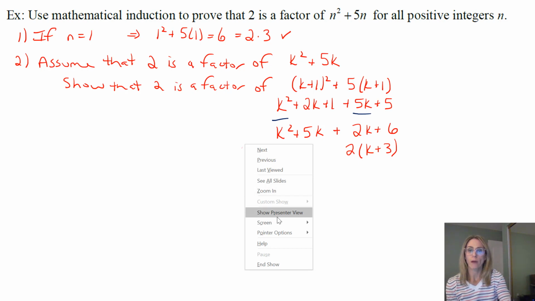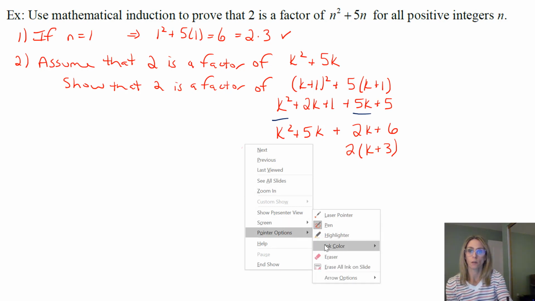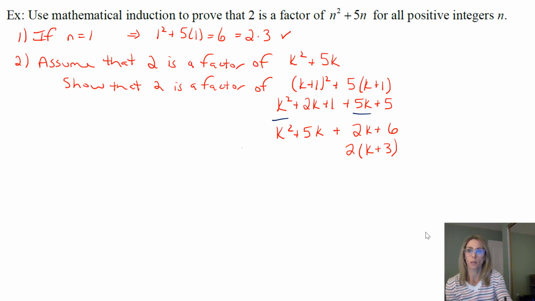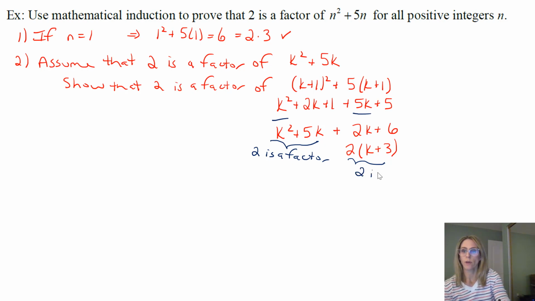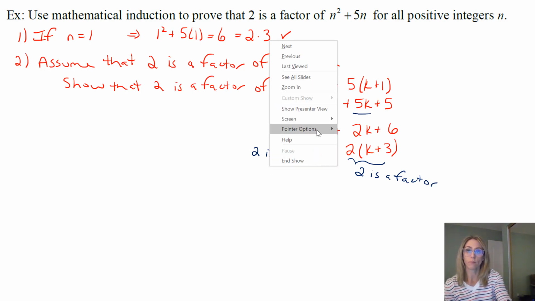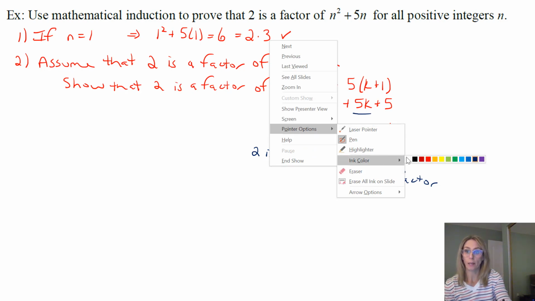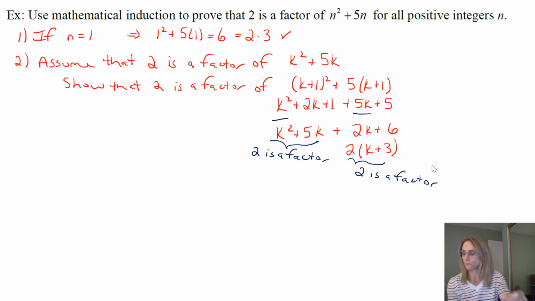So we have our assumption where we said 2 is a factor. And then as we can see here, from what we wrote out, 2 is a factor here as well, because that 2 got factored out of that binomial. So if 2 is a factor of both of these things, then 2 is a factor of the whole thing, which is what we were trying to show.